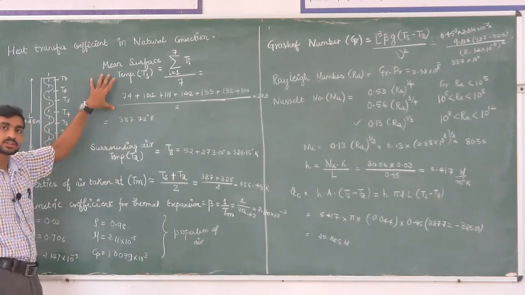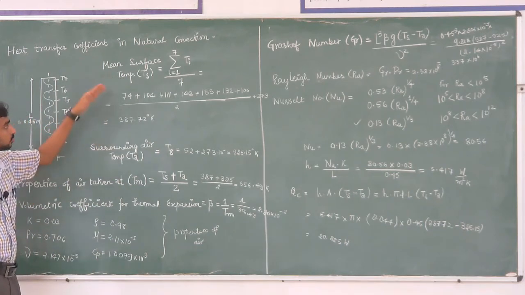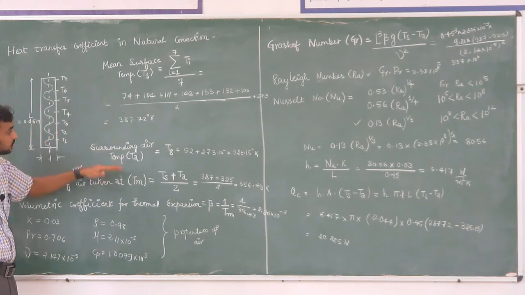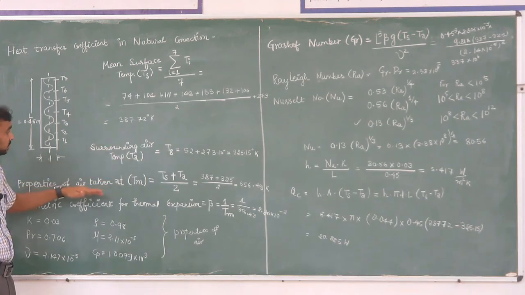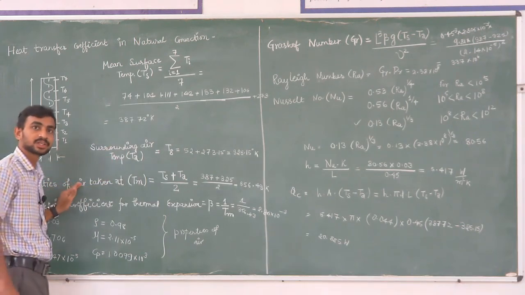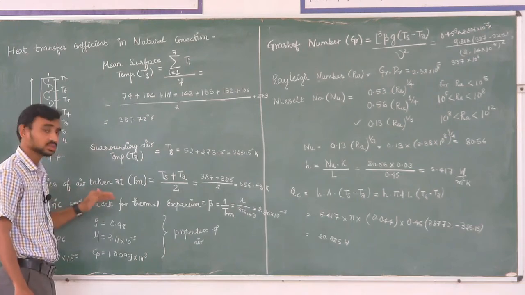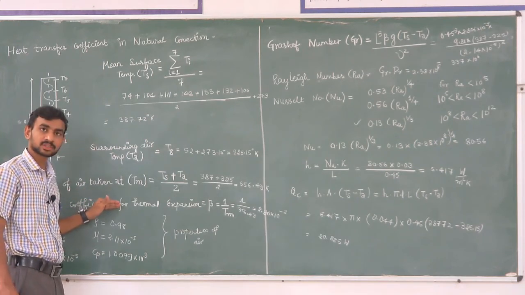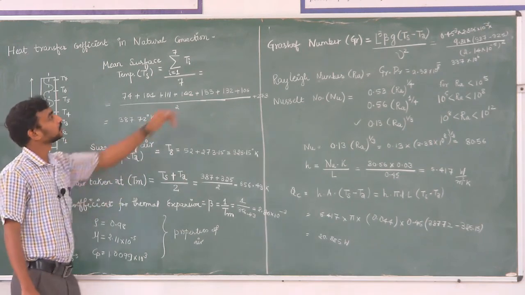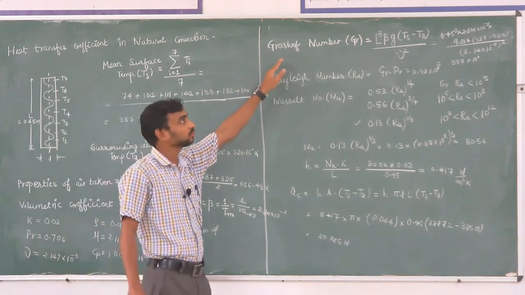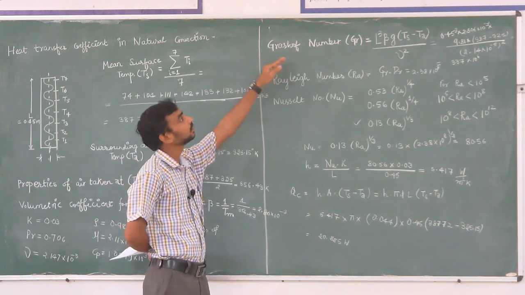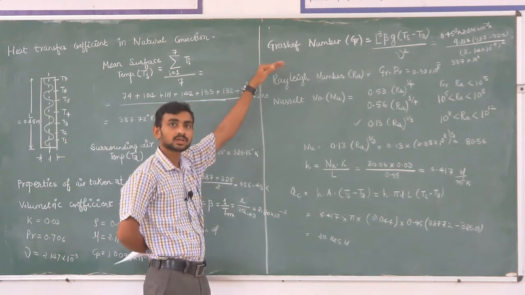First, we note down all the temperature readings from 1 to 8. Then we calculate the mean temperature at which the property values should be taken. Then we calculate the thermal expansion coefficient. Then with the help of all this data, we calculate the Grashof number.